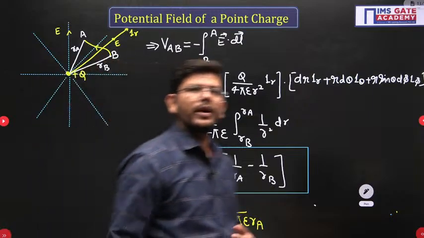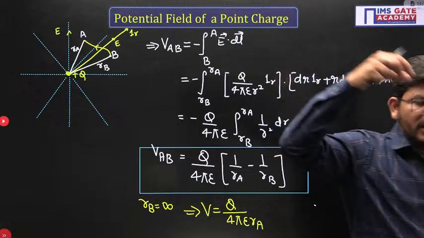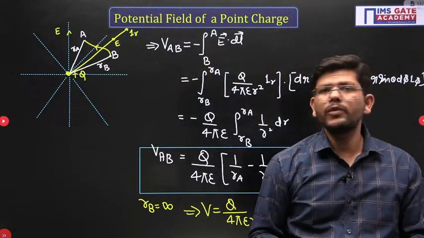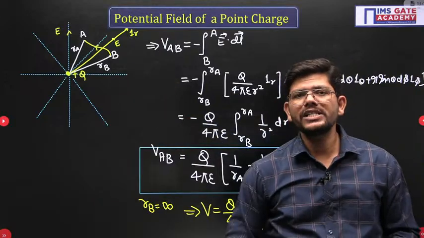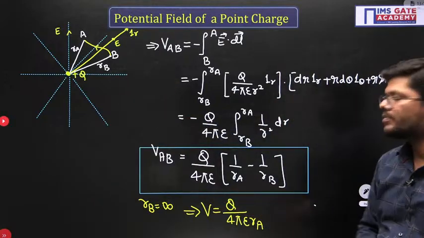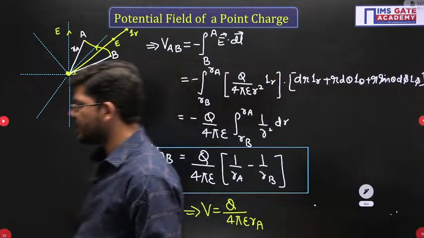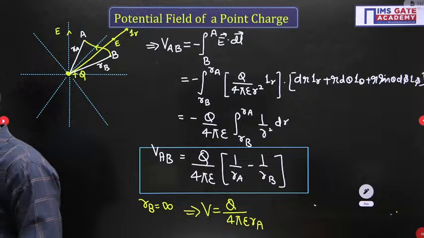So from infinity, coming into the influence of the electric field of a point charge, this is how you calculate the potential, q upon 4 pi epsilon ra. I hope you got it.